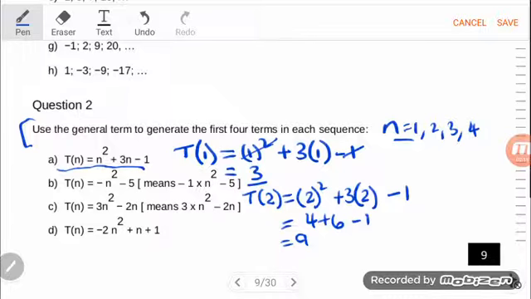I'm running out of space, so I'm not going to write it out quite as much.